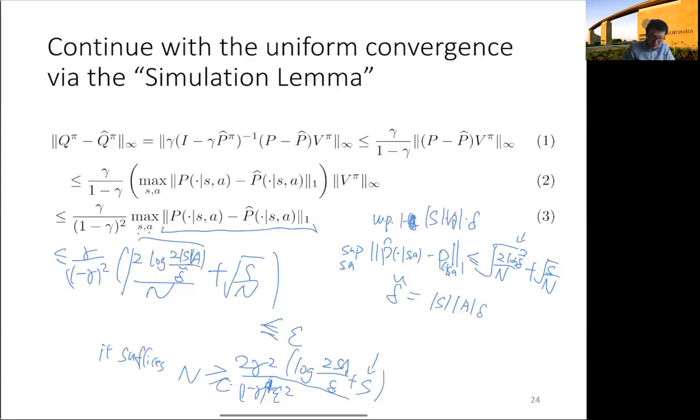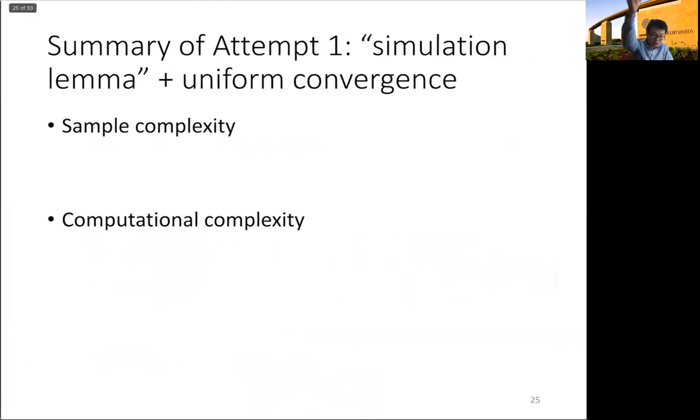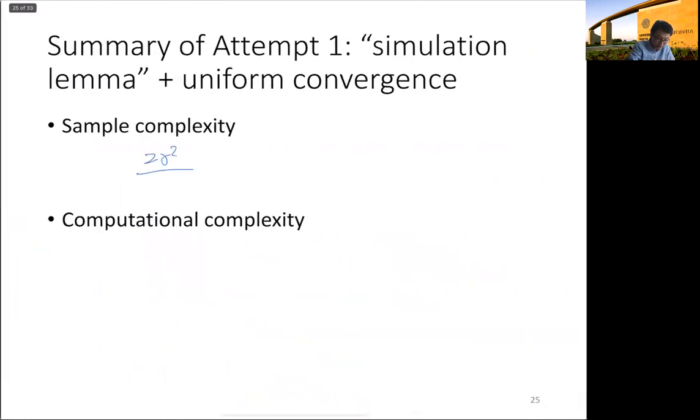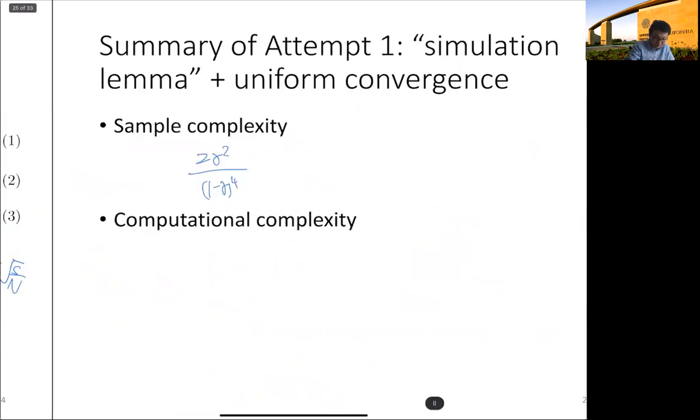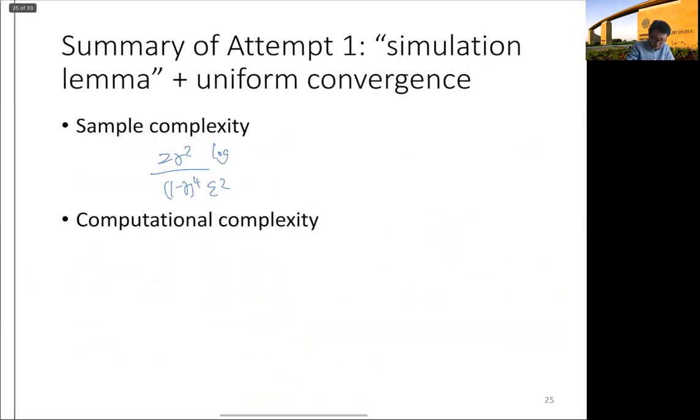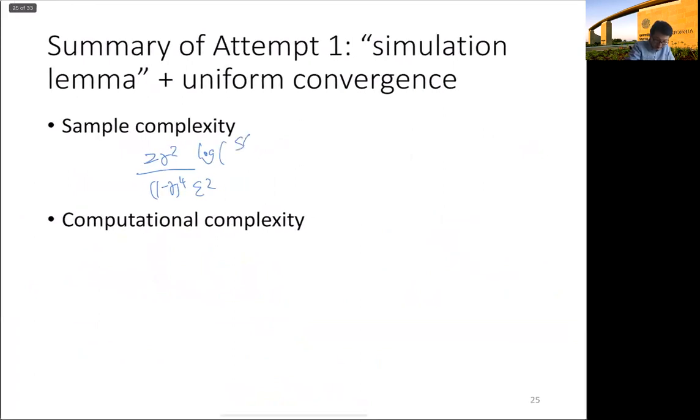So let's make use of this bound to calculate the overall sample complexity. Let's copy this over. So this is 2 gamma square over 1 minus gamma to the fourth epsilon square, and log SA over delta plus S, right?